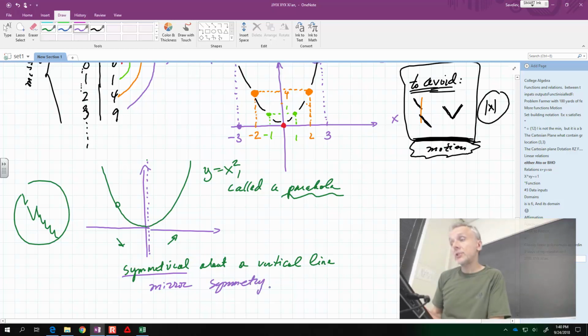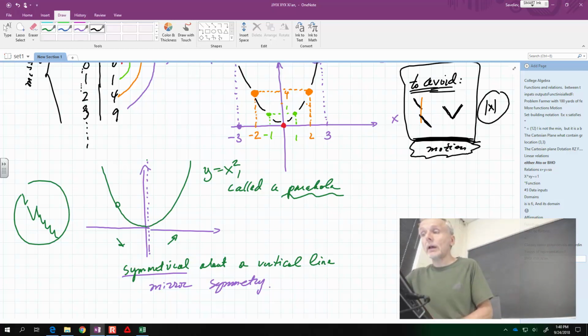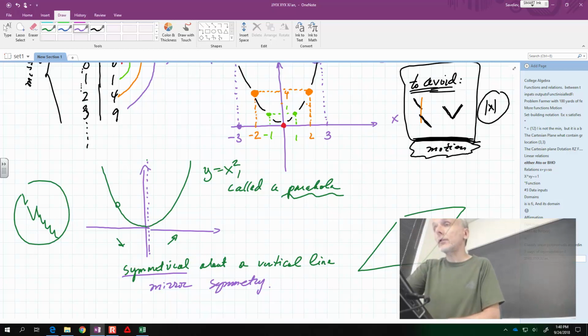A mirror symmetry literally means, if you imagine this is drawn on a piece of paper, let me try to do this. So this is a piece of paper, these are my axes, and this is my parabola, like this. Then I take a mirror and put it like this.